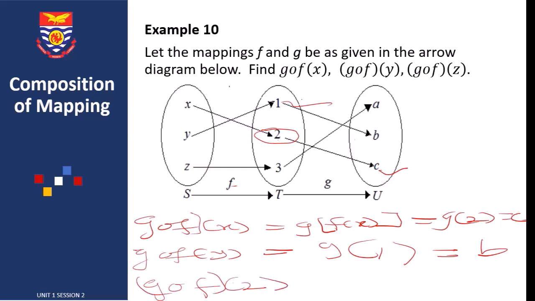The bracket is very important, but when you ignore it, it's not wrong. You may decide to ignore it, but make it there so that it looks very nice. So you get g of f of z: f maps z to 3, and then g of 3 maps to a. Okay, let's look at the next example.